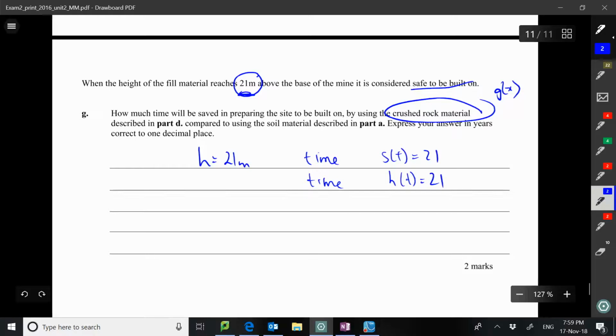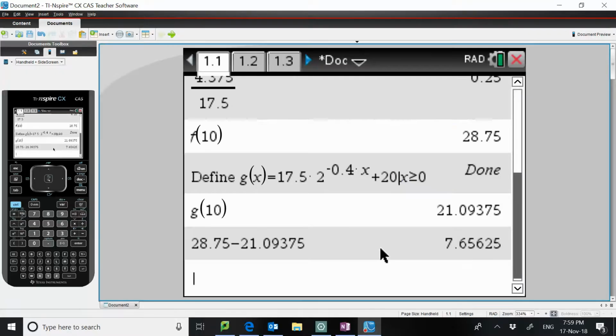Okay, so yeah, that's pretty easy. We're just simply working out the time for s of t and time for h of t, and then see how much time we've saved. So T1 minus T2. So I'll just call this T1 and T2. So let's find out how much time is saved.